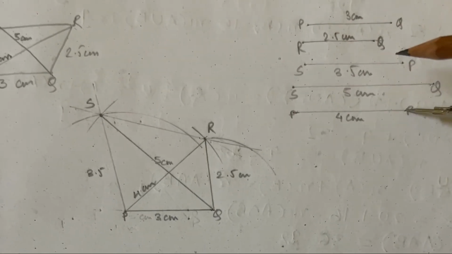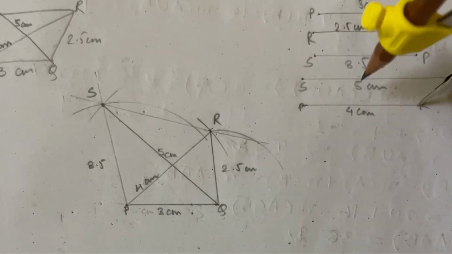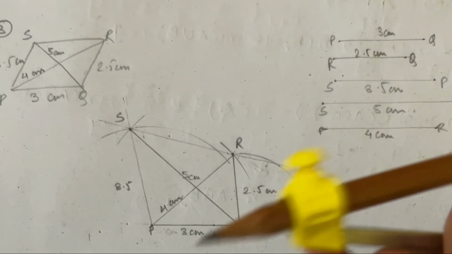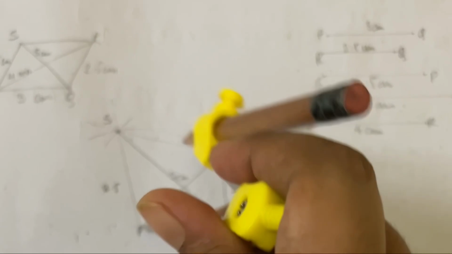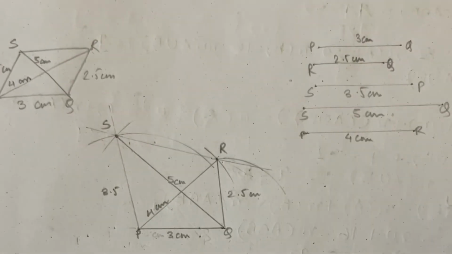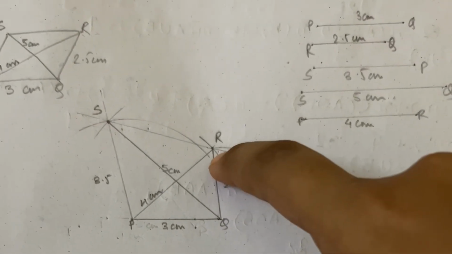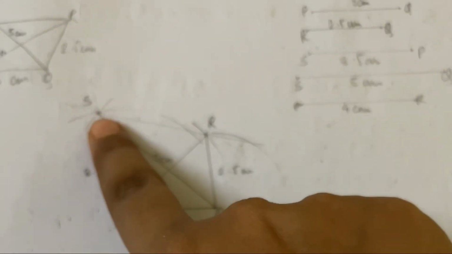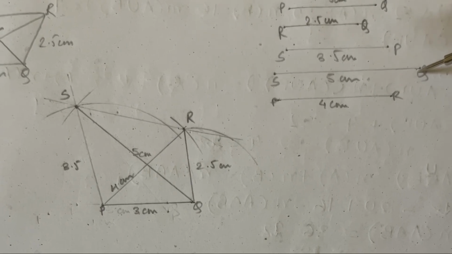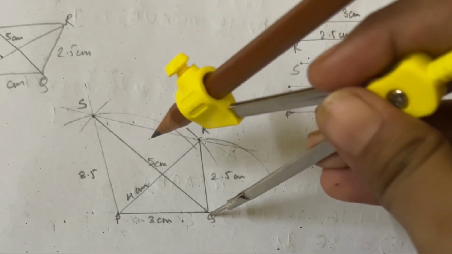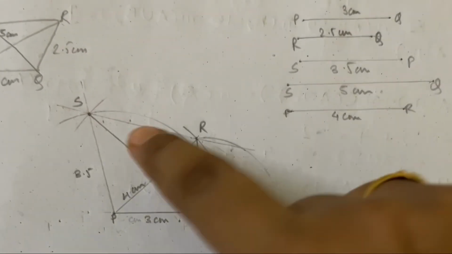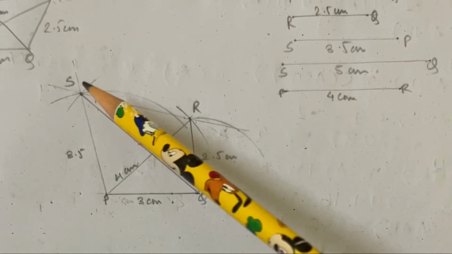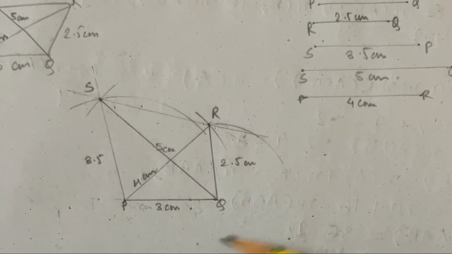So we measure 4 centimeter, put the needle here, intersect it and we get 4 centimeter. Similarly with QS, we measure 5 centimeter, put the needle at Q and draw an arc here, and we get an intersecting point. We draw the lines accordingly and we get the quadrilateral.